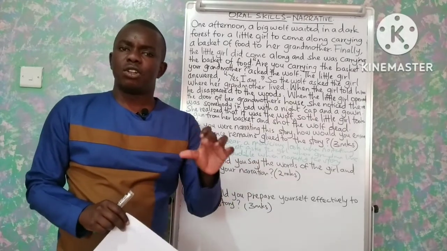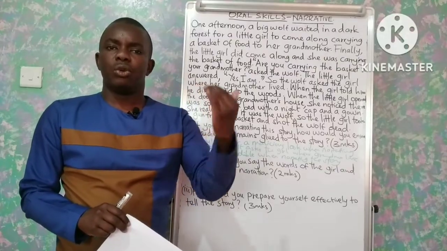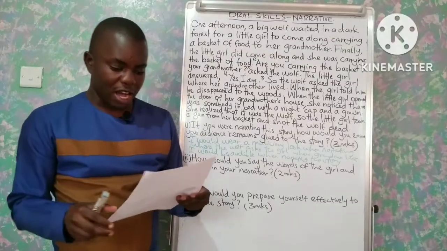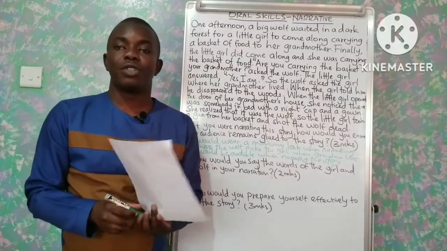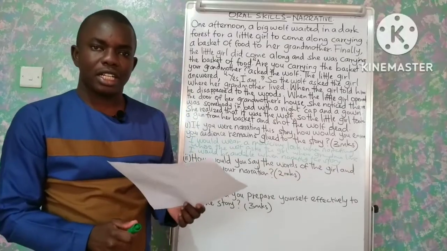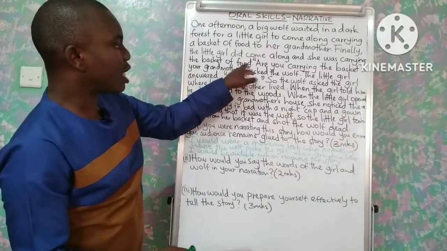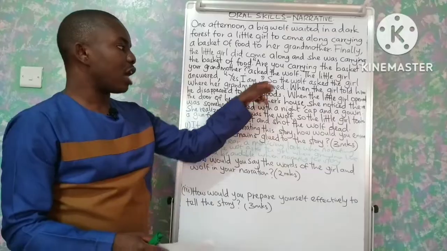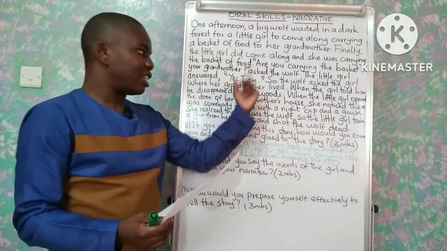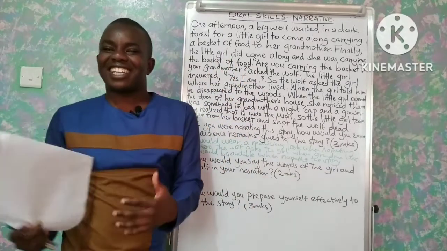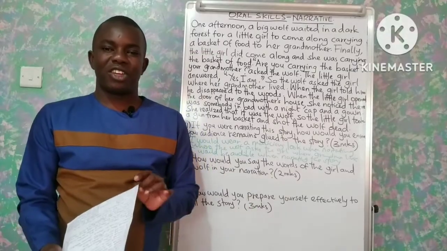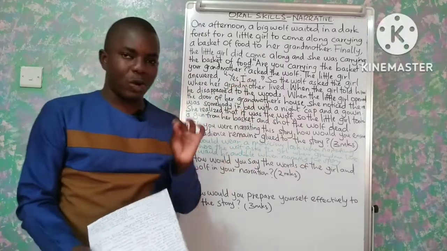So it is not merely stating that you will vary the tone, but be specific to the point that you can vary the tone. Another one, I would mimic the sentiments of the wolf as well as the girl. For example, I could, let's say, "Are you carrying the basket to your grandmother?" So I will be mimicking the voice of the wolf as well as the girl.